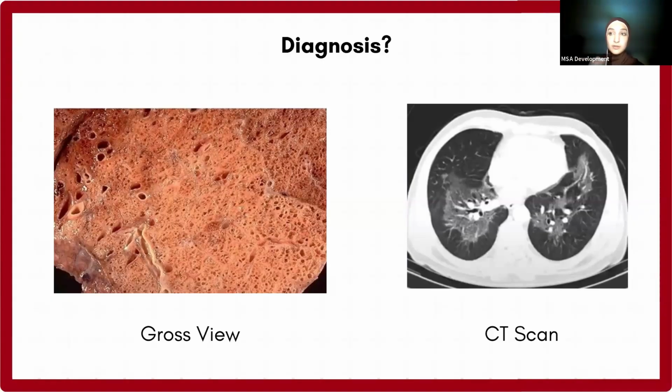In chronic interstitial lung diseases, it's a honeycomb appearance grossly. There's going to be reduced compliance in the lung, and under chest CT, there will be ground glass opacities, which is essentially irregular lines with small nodules, and you can see it very clearly.